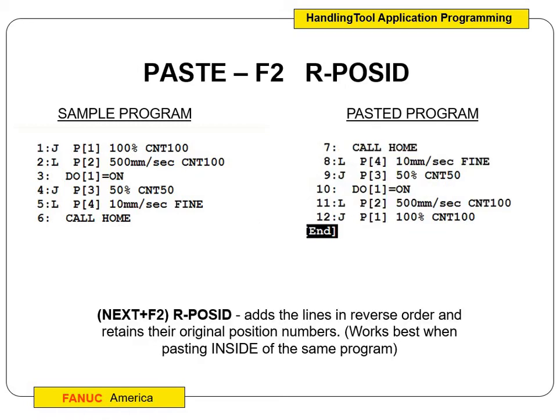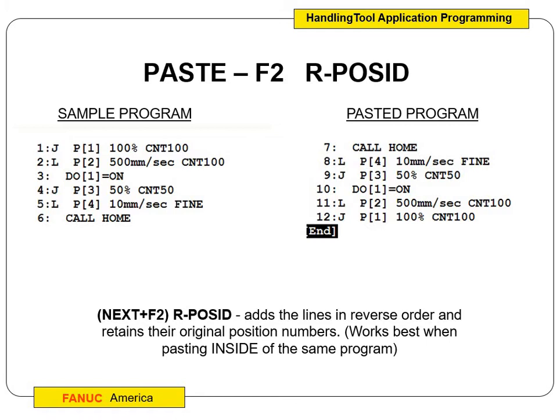Alright, now let's do the R position ID. So what did this do? Okay, we're still working with the same sample program, so lines 1 through 6, we copied and pasted them. What did it do when we pasted them? It kept the same logic, so linear joint movements and speed, but it reversed the position IDs.